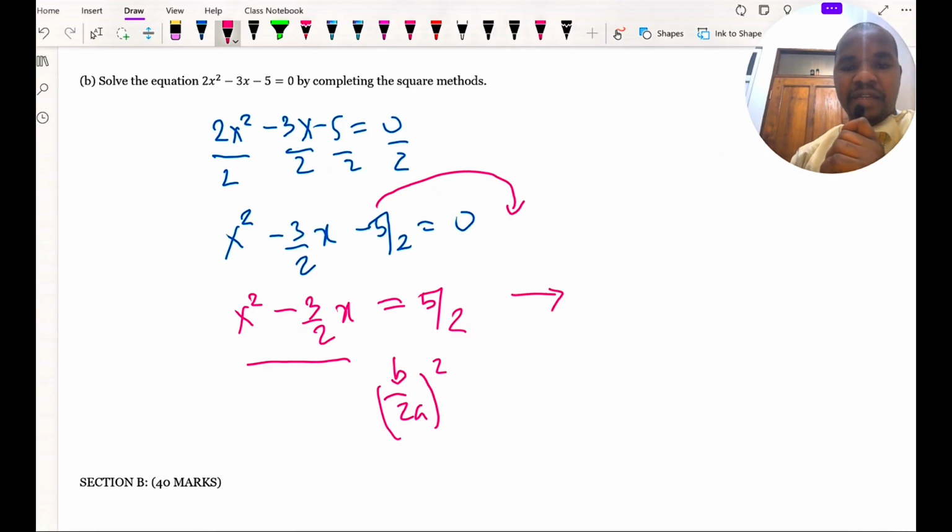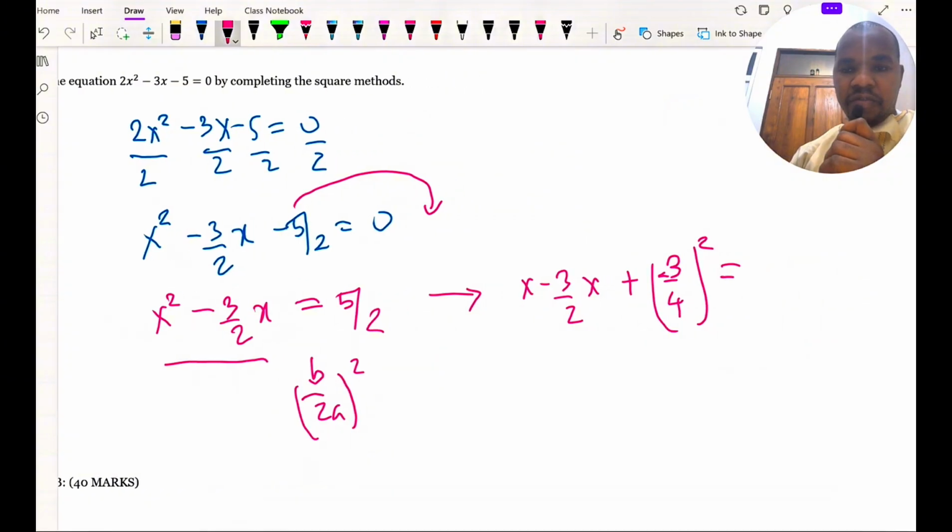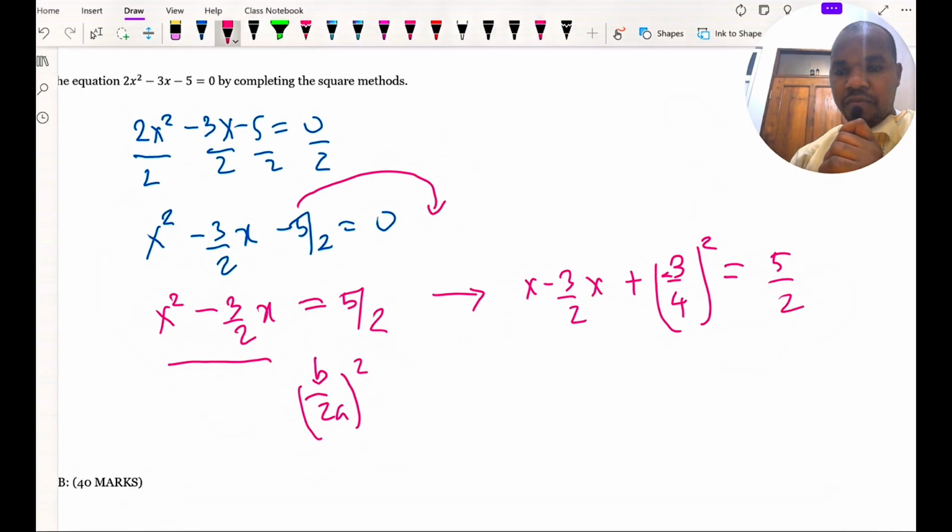When you do that, you have x squared minus 3 over 2 x plus (negative 3 over 4) square, equal to 5 over 2 plus (negative 3 over 4) square.